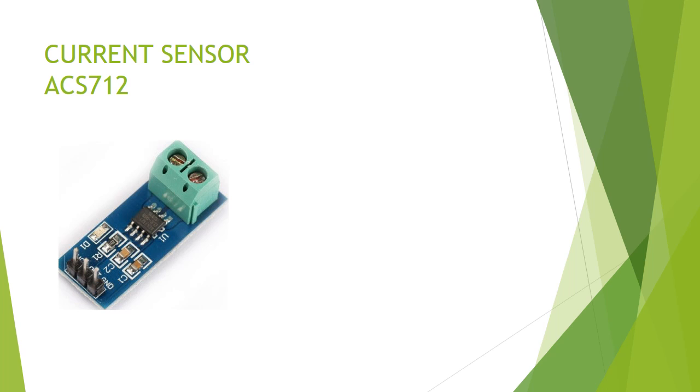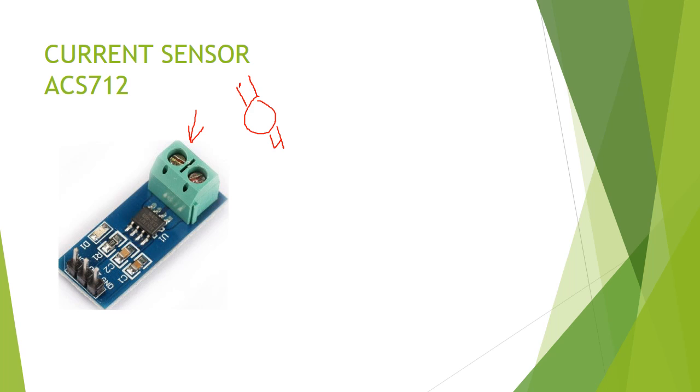This is your input. Whichever circuit you want to measure the current in, like here is the motor. This is your motor terminals, and this is connected to a supply.